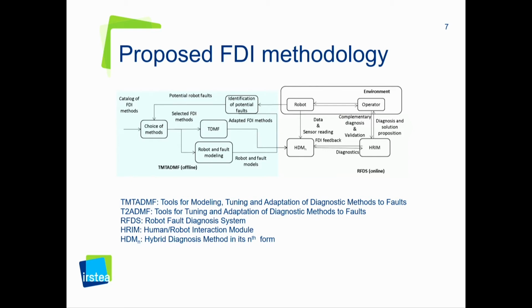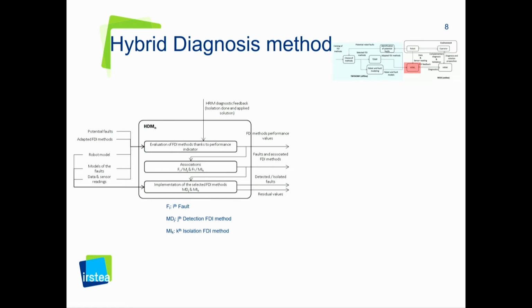Now I'll be explaining the online part. It's composed of a hybrid diagnosis method, HDM, and of HRIM, which is the human-robot interaction model. For the HDM, it's simple in form, but it's not so simple in application.